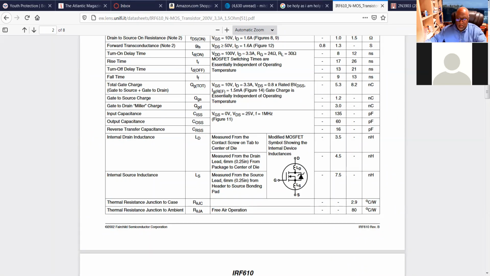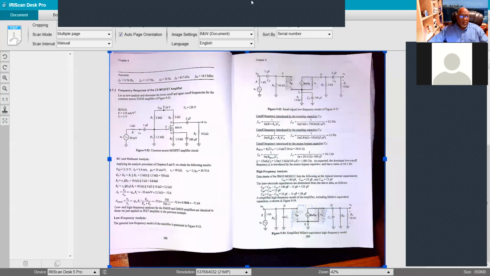One second. Let's get this straight. Okay, stop sharing for a second, and share screen again. Okay, there we go.